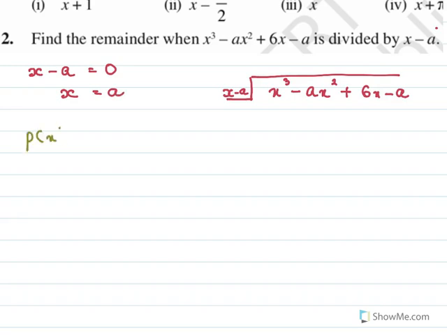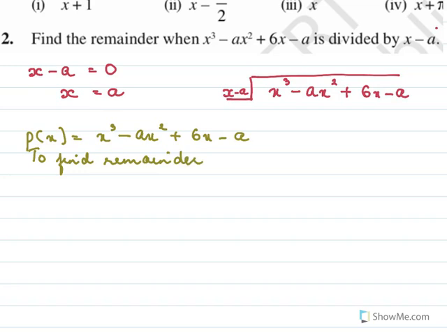Then we know p of x equal to x cube minus ax square plus 6x minus a. So to find the remainder, by remainder theorem, we know p of a will give us the remainder.